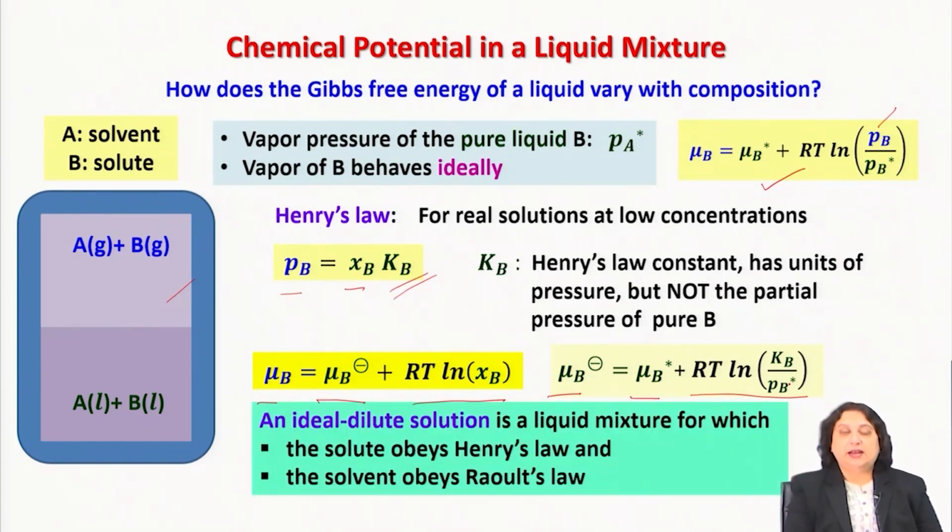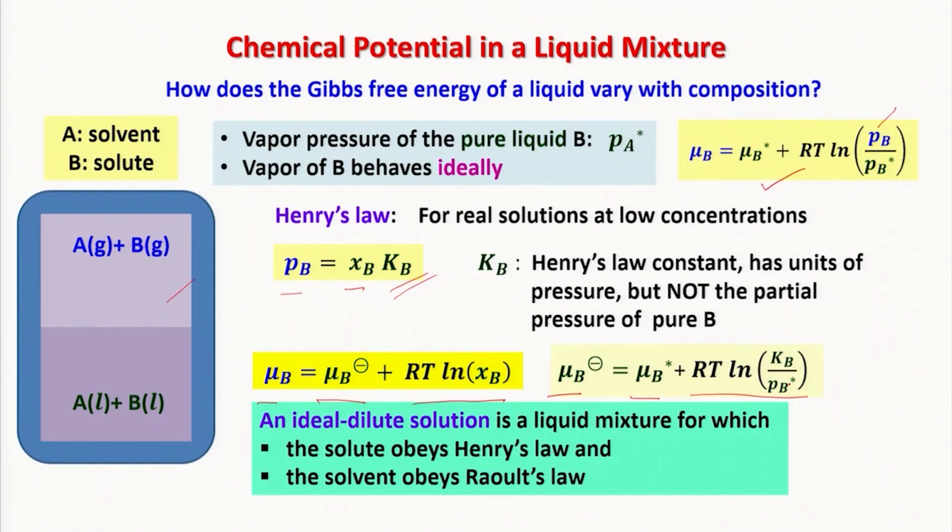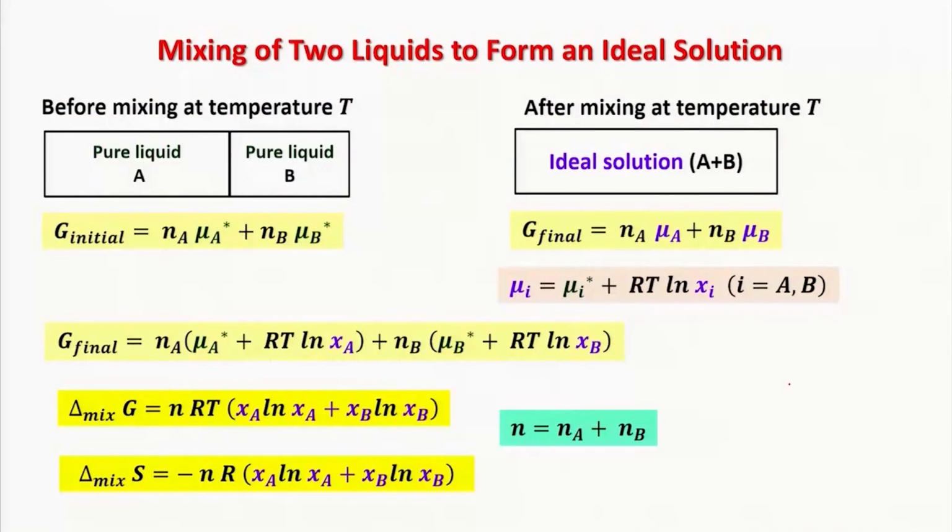Now this relationship is taken to be the definition of an ideal dilute solution. So an ideal dilute solution is a liquid mixture for which the solute obeys Henry's law and the solvent obeys Raoult's law.